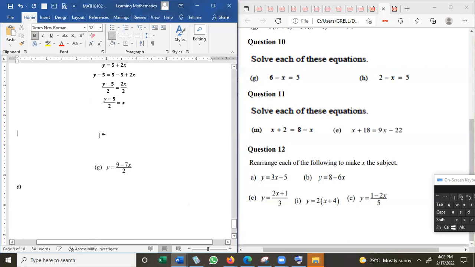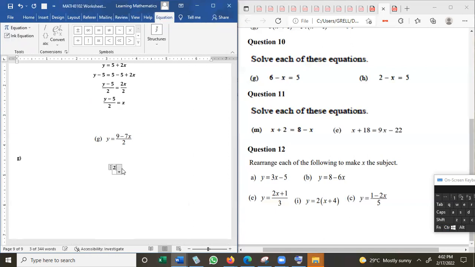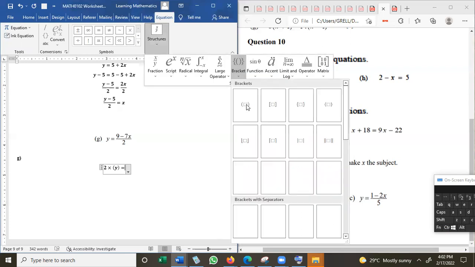And we have a final one here. Here we have a fraction. We have a 2 in the denominator. We're going to multiply by 2 on the left, and multiply by 2 on the right.